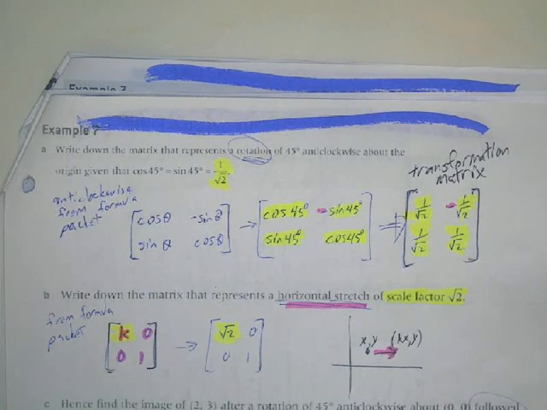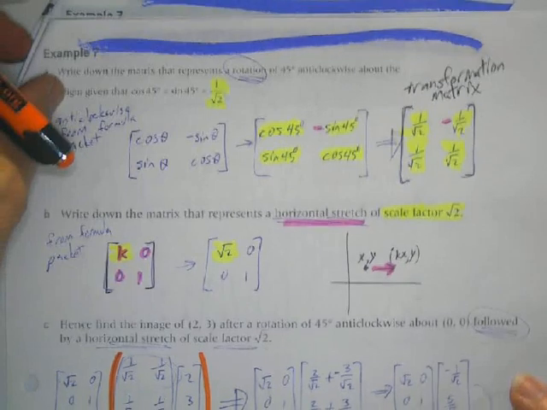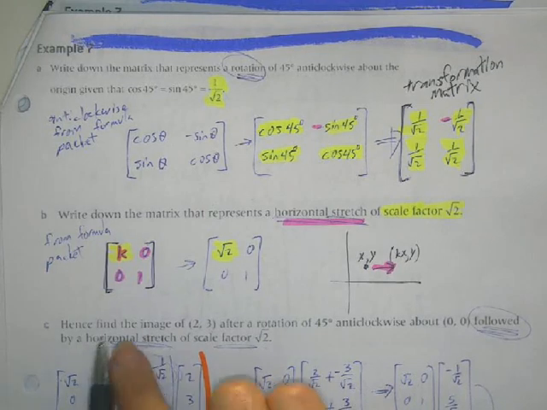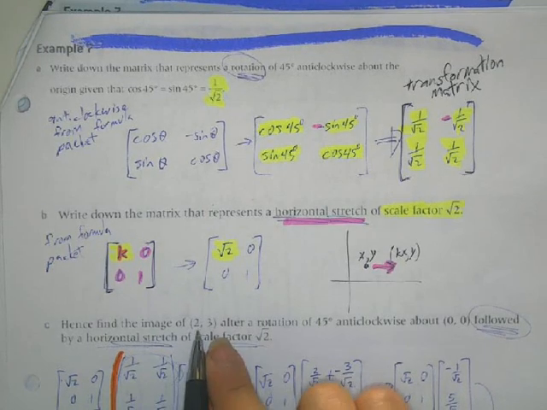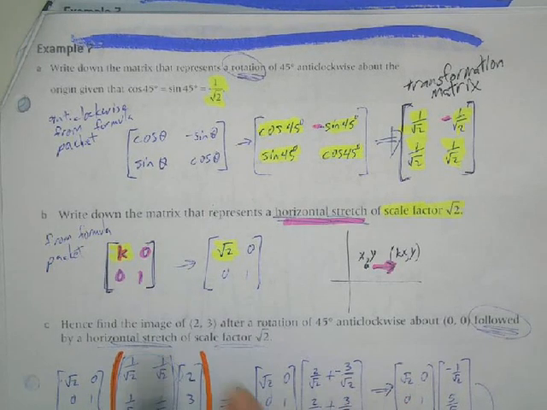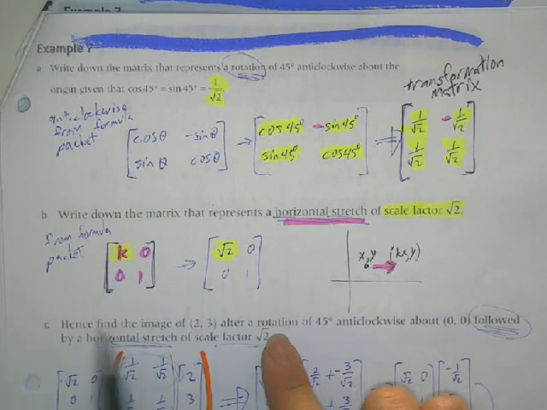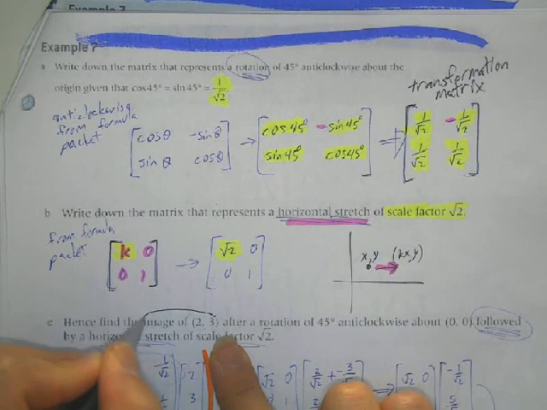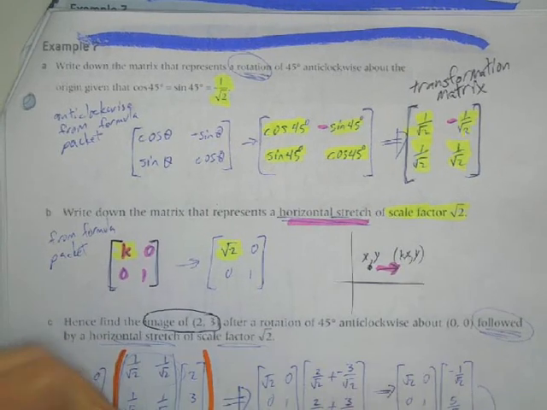Okay, so now we're going to do two transformations. We're going to start off with the image of (2, radical 3), and so we want to find the image of it. This is my image point.